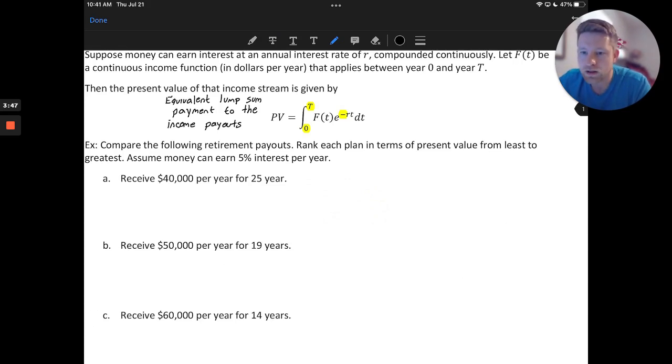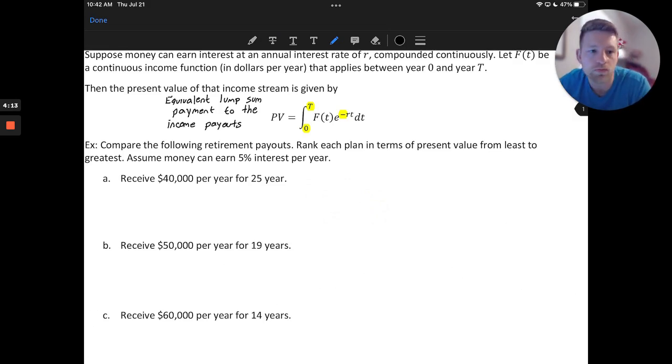So we want to compare the following retirement payouts, and we want to rank each plan in terms of present value from least to greatest. So the present value really is a good way to rank how much each of these retirement plans is really worth. So it's the equivalent lump sum payment today that those three would be worth.